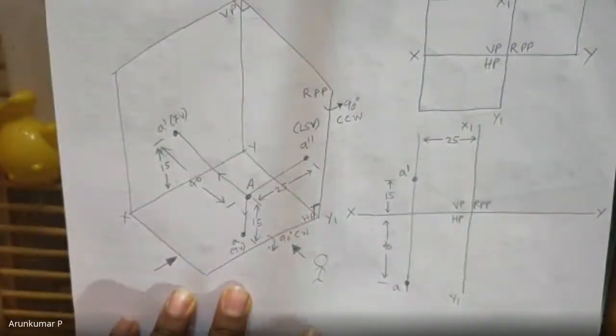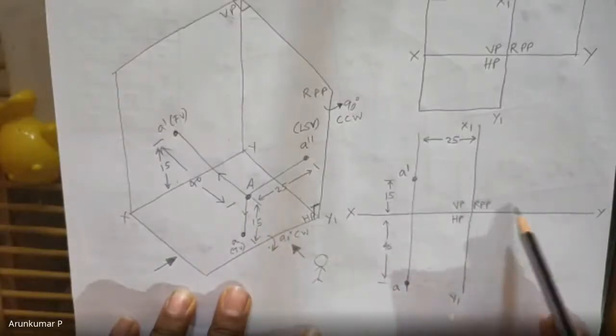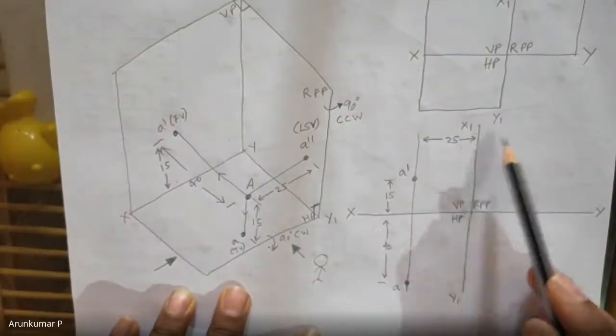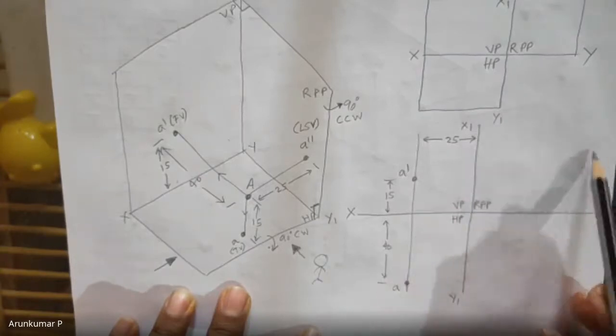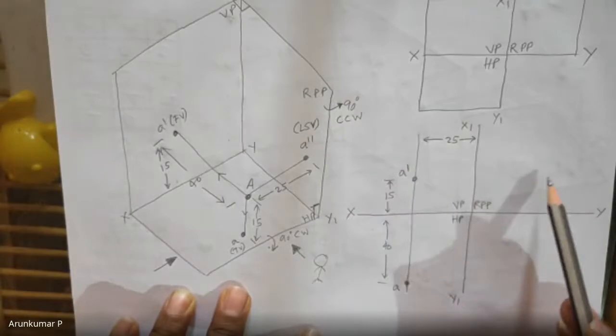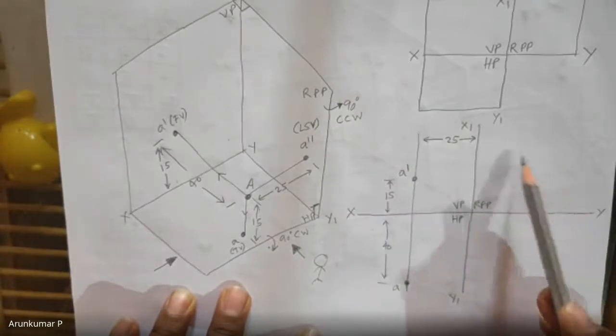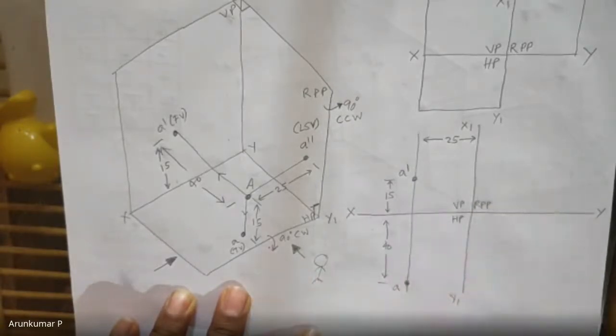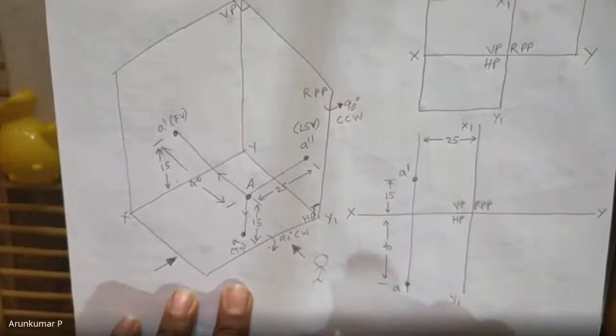Now comes locating the side view. We know that RPP is here, this entire area is the right profile plane. So the side view also will be somewhere here, but where exactly? To locate this, there is a construction method involved.